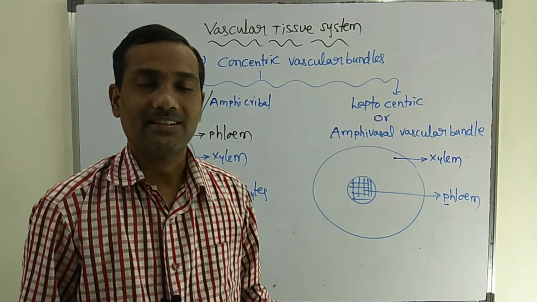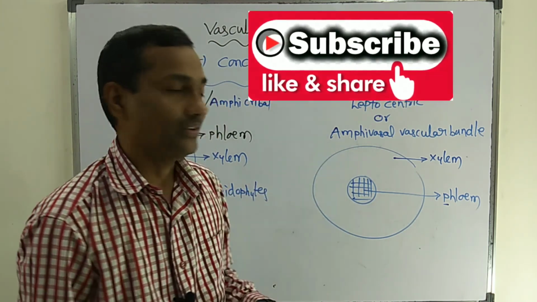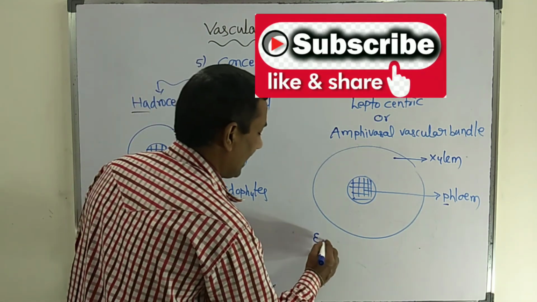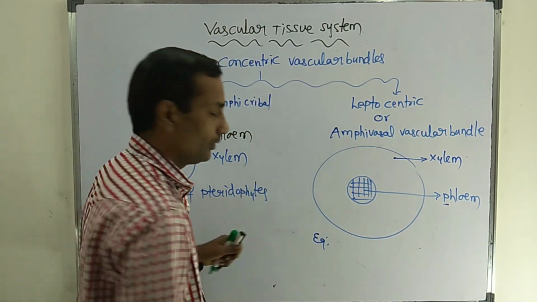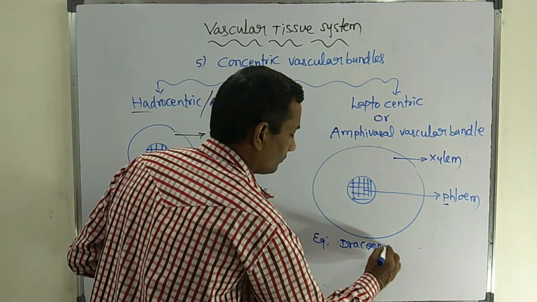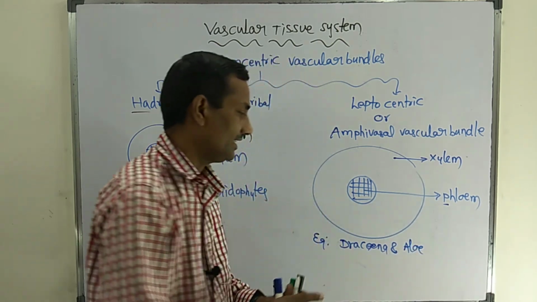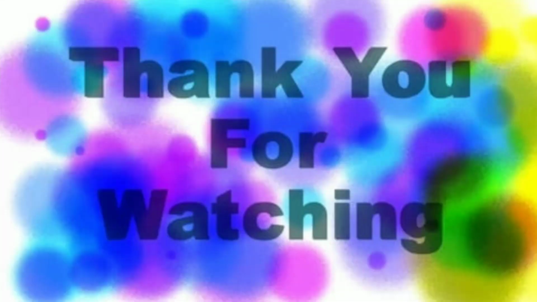That's why this type of vascular bundle is leptocentric. We can also call it amphivasal vascular bundle. It is a characteristic feature of a few plants like Dracaena and aloe vera. So in these plants you can observe this type of vascular bundle.